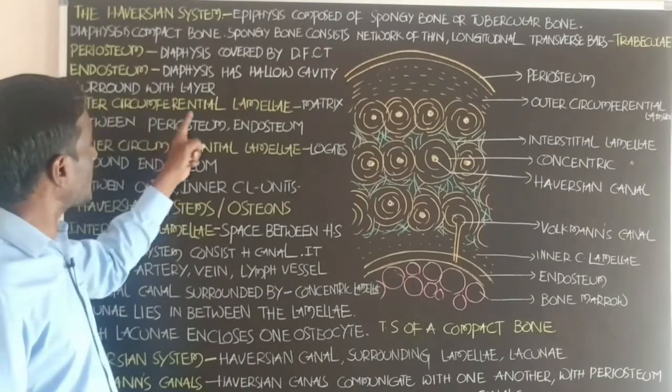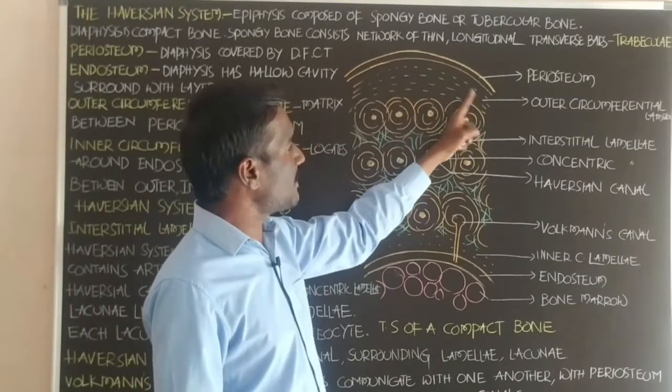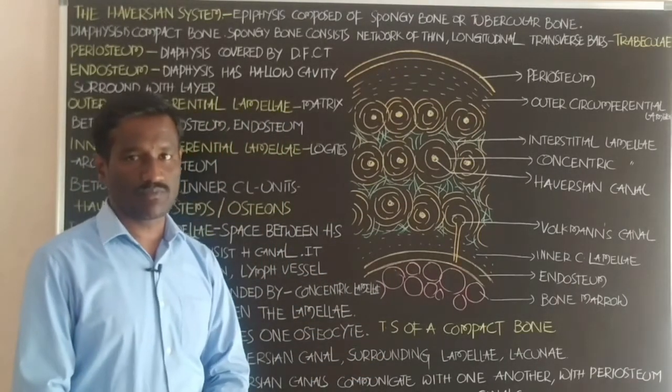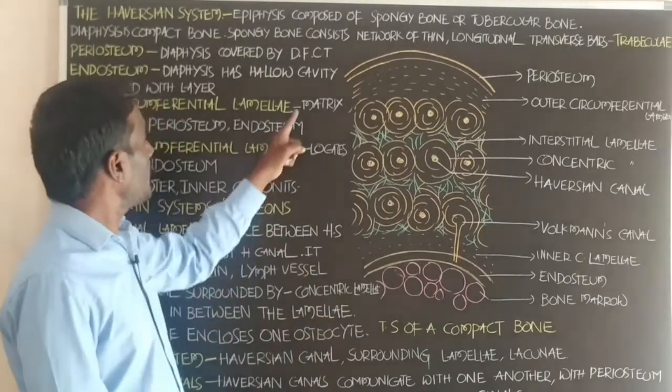Next, the outer circumferential lamellae. Lamellae are plate-like arrangements of the tissue. The matrix in the bone appears in the form of plate-like structures called lamellae.